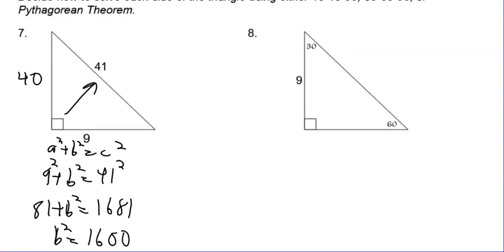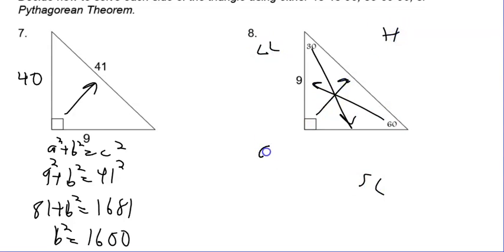Alright, 30, 60, 90. Label. Short leg. Long leg. Hypotenuse. This one requires a little bit more work. But remember, I'm dividing, so I'm getting smaller. And my magic radical is radical 3. But I can't have that in the denominator. So I need to rationalize. You should be good at practicing this by now.